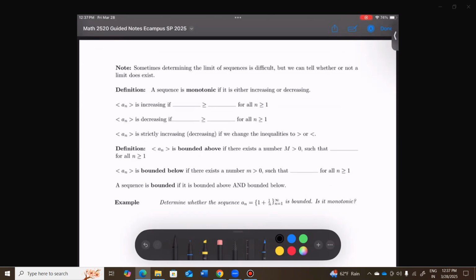If it's increasing, then a sub n plus 1 is going to be greater than a sub n, or possibly equal to, but usually it's just going to be greater. And if it's decreasing, then a sub n is going to be greater than a sub n plus 1. So the next number in the sequence is lower.